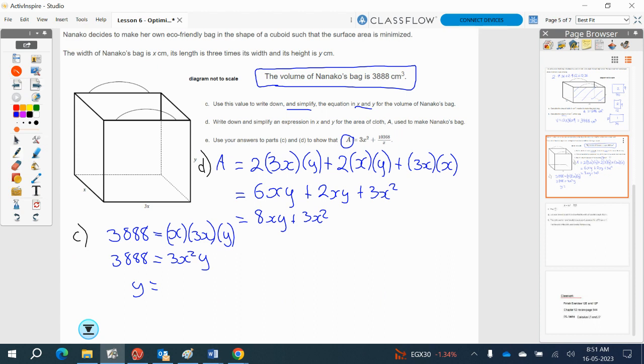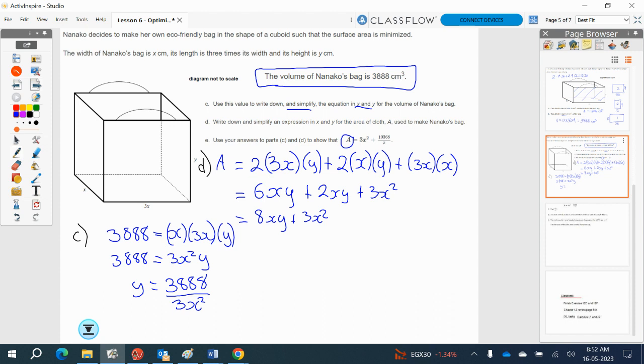So rearrange this equation for the volume to make y the subject. What would we get? y equals 3888 over 3x squared. If we divide through by 3x squared, we get it. It's not negative, because we're not subtracting.